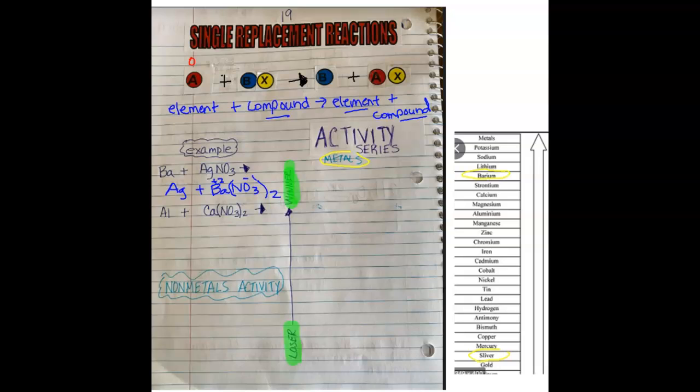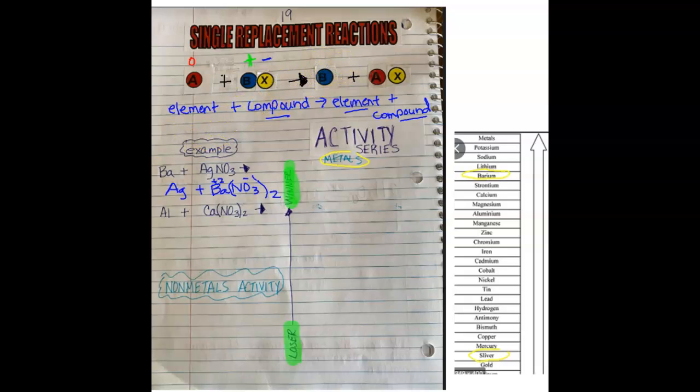And when you look at your BX, remember that your barium is your cation, so it's positive, and your X is your anion, and so it is negative.